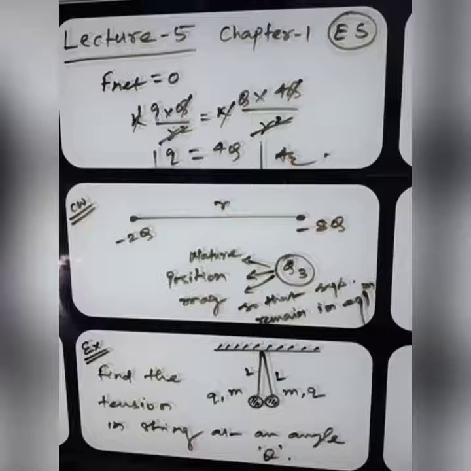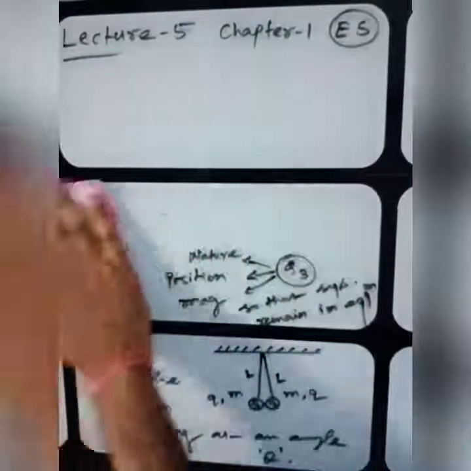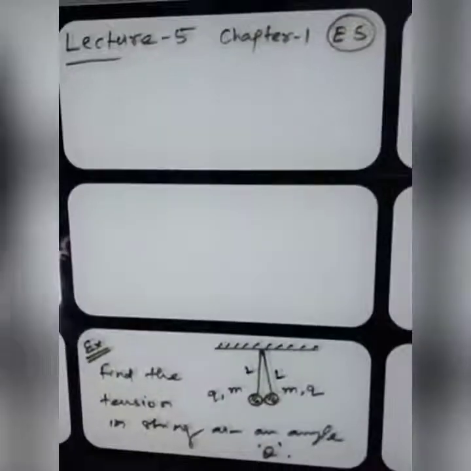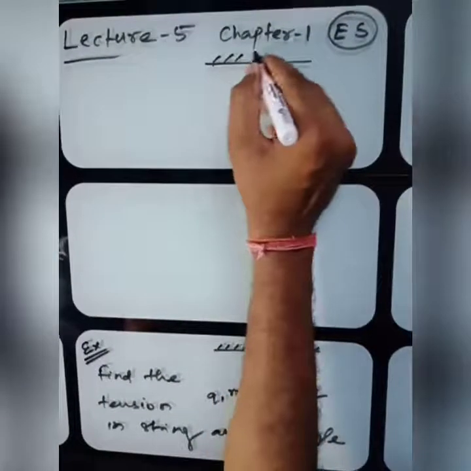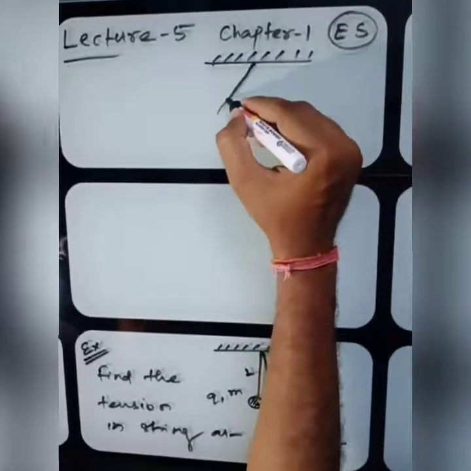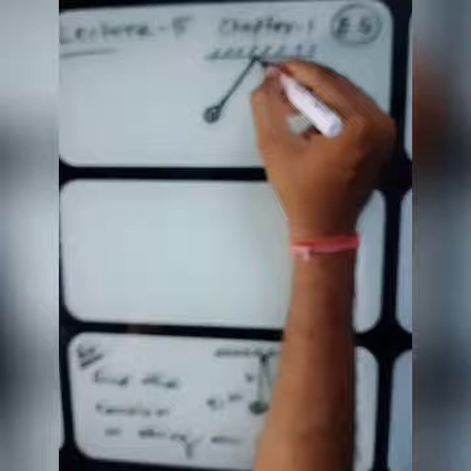Okay, so how will you solve such a type of question? There will be many variations in this type of question. First, try to understand the mechanism. If we have two pith balls and we leave them, what will happen?